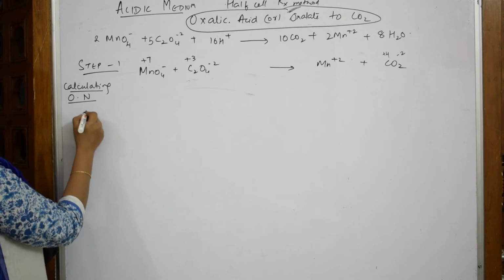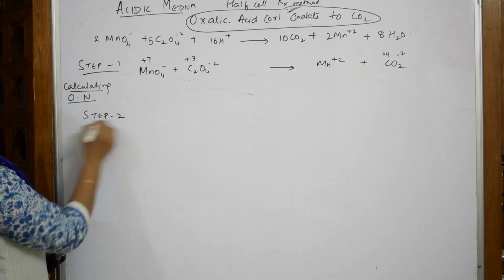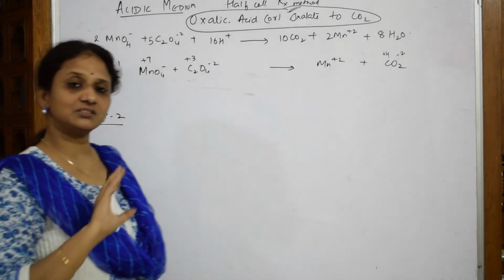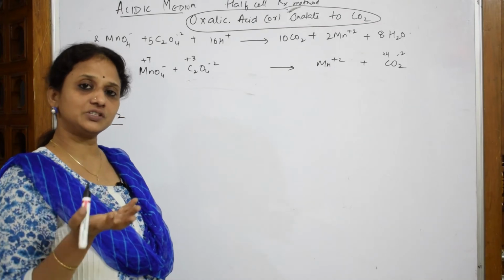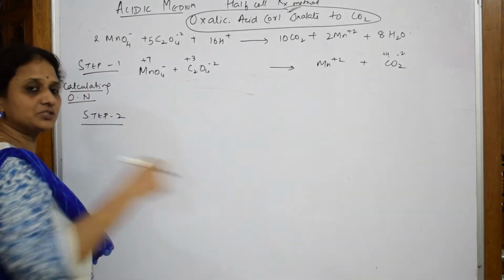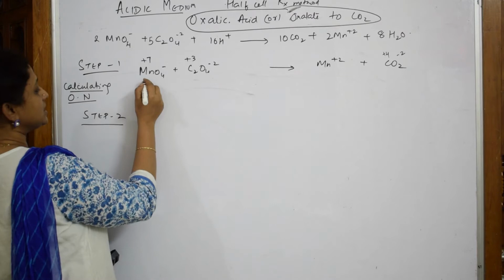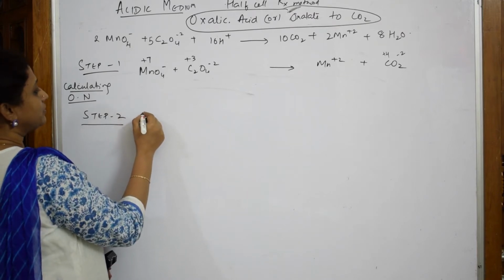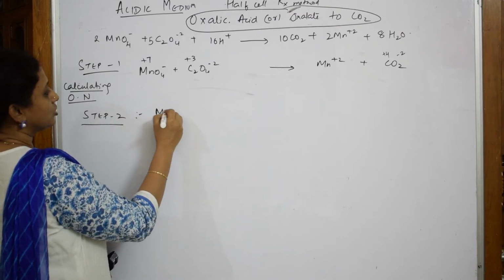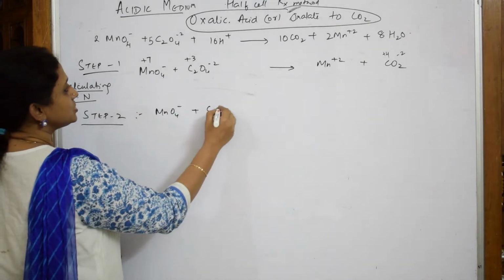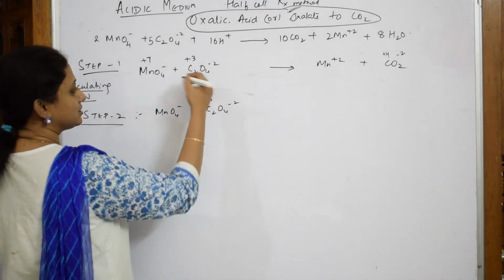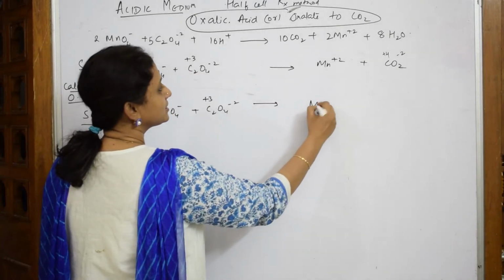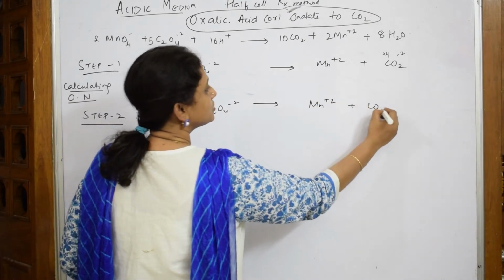Now in step 2, you are going to see which species is undergoing oxidation and which is undergoing reduction. It's the same procedure for all. If you want to write the reaction again, not a problem: MnO4 minus, C2O4 2 minus, giving Mn2+ plus CO2. I've got this as plus 7, plus 2, plus 3 and plus 4.